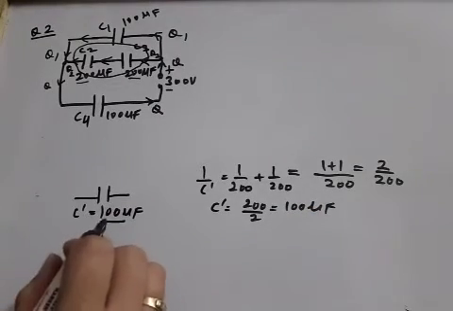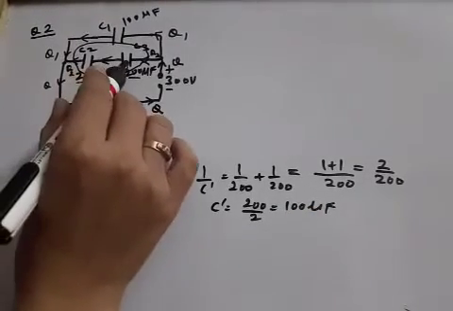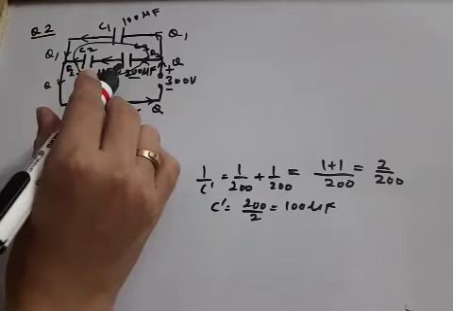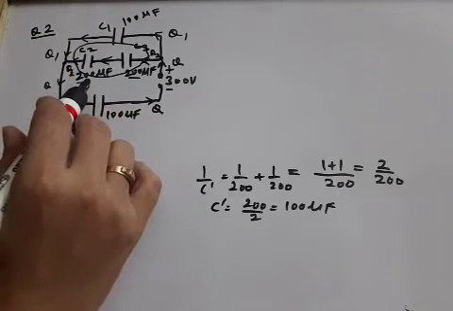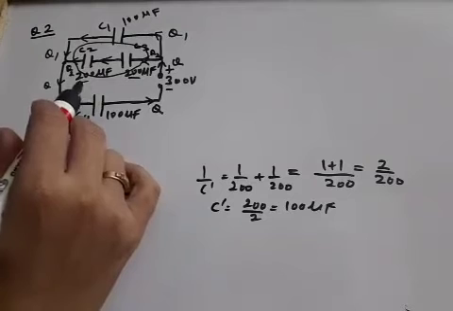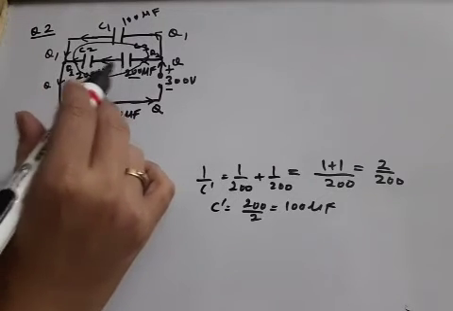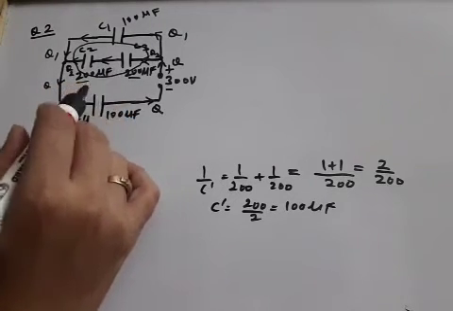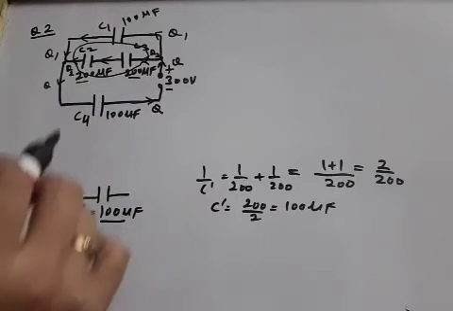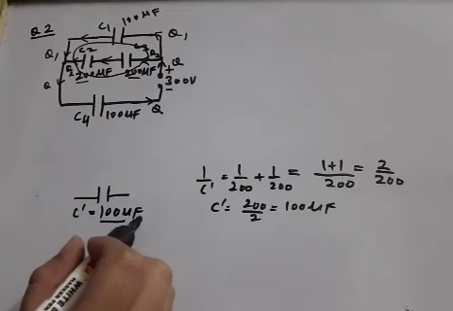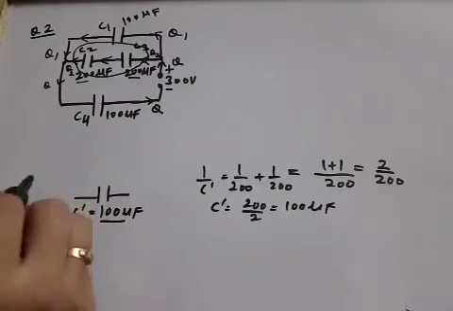Or what we can do, whenever a number of capacitors are connected in series of the same value, then that value we have to divide by the number. So value is 200, divide by number. How many are connected? 2 are connected. So 200 divided by 2 and answer will become 100. That's why directly I wrote here 100 microfarad in place of these two.